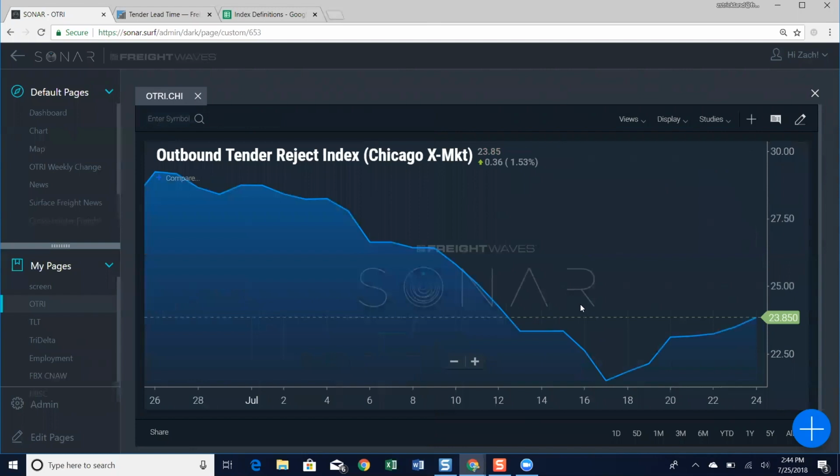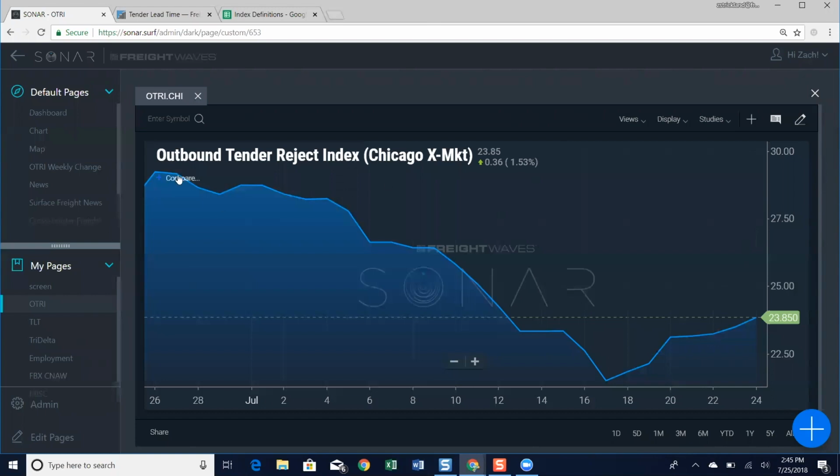Obviously, there are other markets like New York and Philly that have a lot more regional impact. Seattle is very touchy with a backhaul lane. But these markets are a good way to look at the rest of the country in terms of tender rejection indexes, because they will suck capacity out of the marketplace faster than anywhere else.